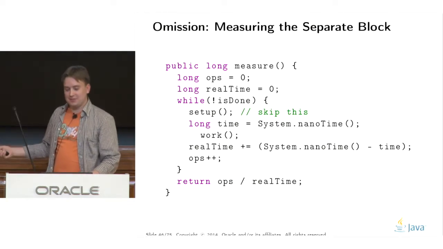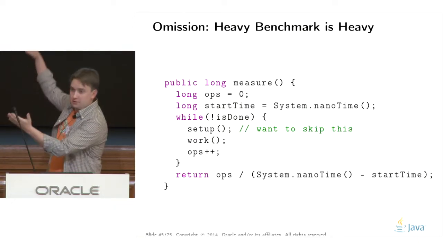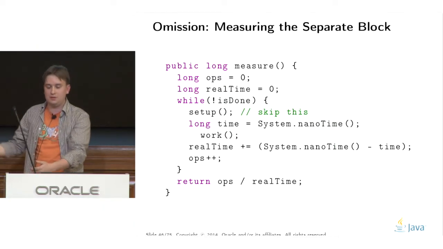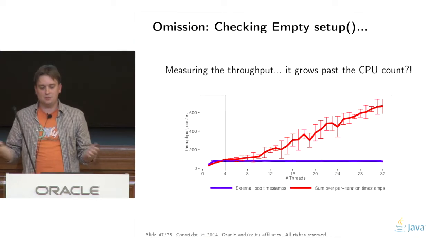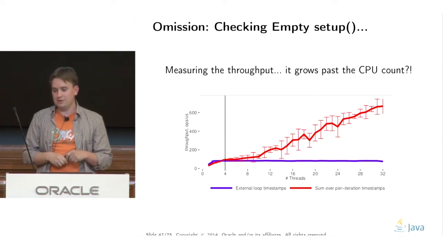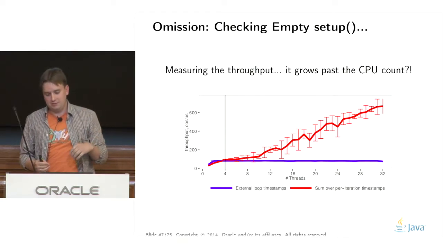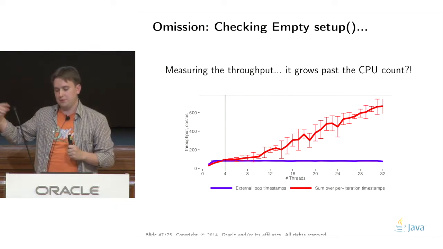So if we measure these things, right, we measure this one which does the 2 global timestamps, before and after the loop, and this one which accumulates the nanoTime. And we run it with a different number of threads. This is what we will get. The blue line is the timestamps before and after, and the red line is when we do the sum over per-iteration timestamps.